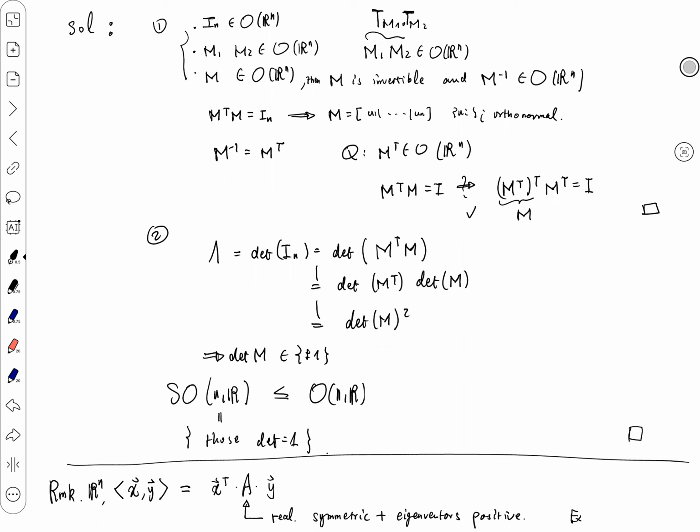And what I want to say is that instead of calling it the orthogonal group with respect to the dot product, we could also define a general orthogonal group with respect to whatever inner product.